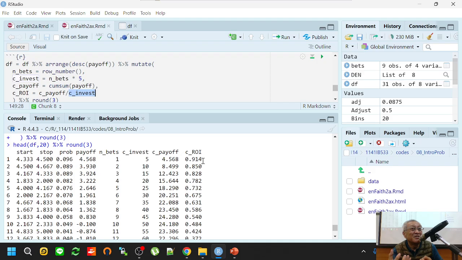Another case is that you may have another investment opportunity that generates a higher ROI than this one, and you want to compare the ROI.